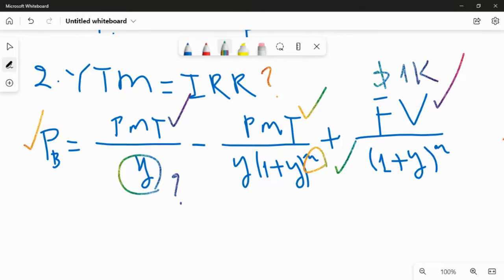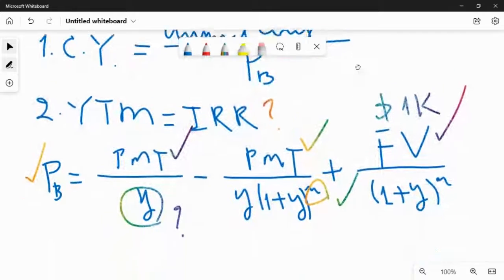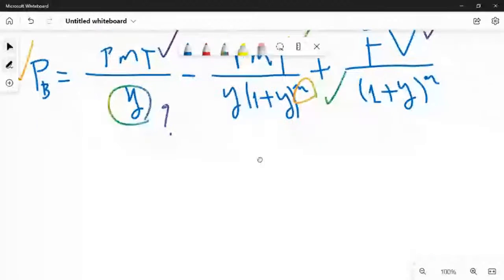Previously, what we were solving for was the price. There can be two questions about the bond.